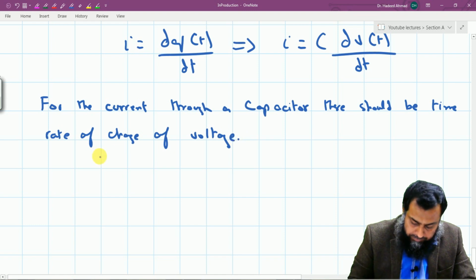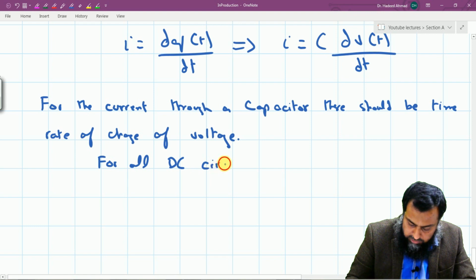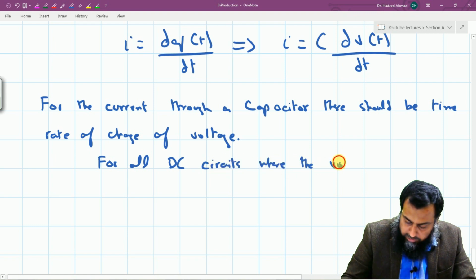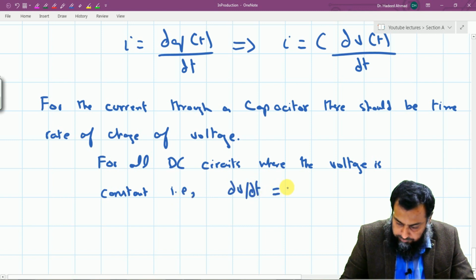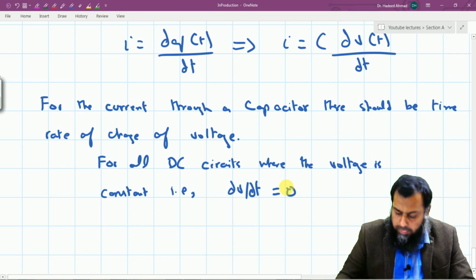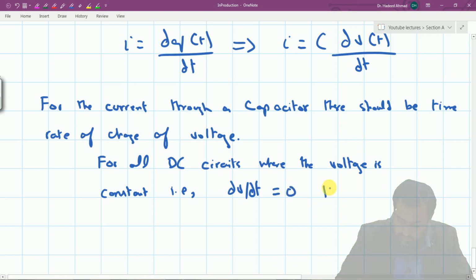This means that for all the DC circuits, where the voltage is fixed or constant, that is, dV by dt is equal to 0, the capacitor is an open circuit.